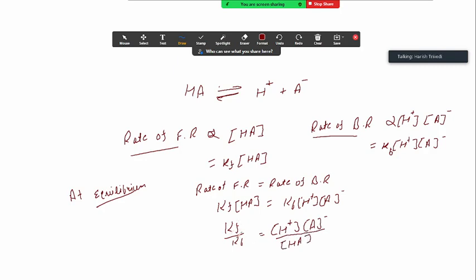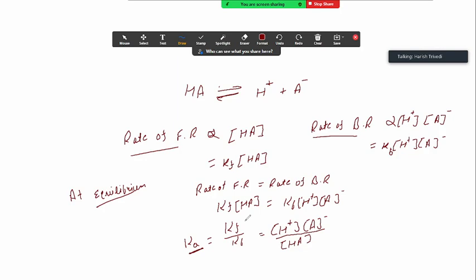This Kf divided by Kb can be considered as one constant, and because it is an acid, we write it as Ka. This is the dissociation constant of the acid. By this way we can derive the formula of the dissociation constant of an acid.